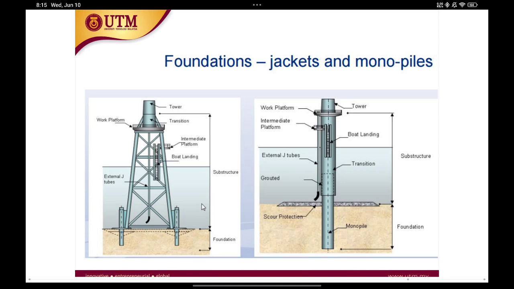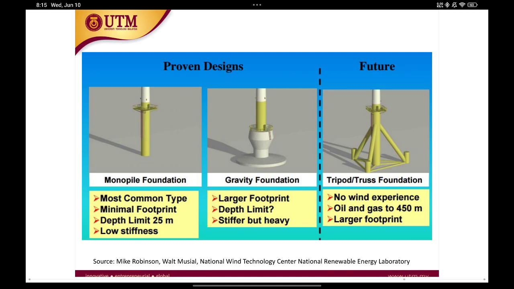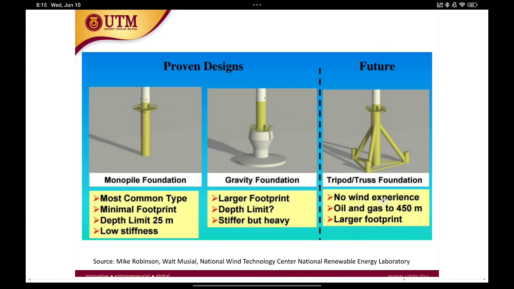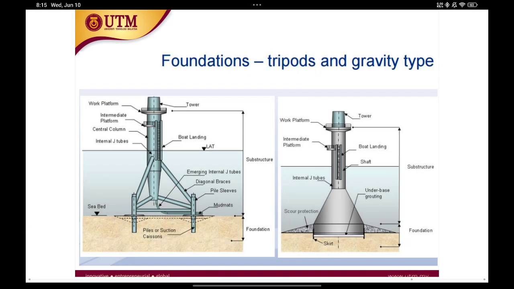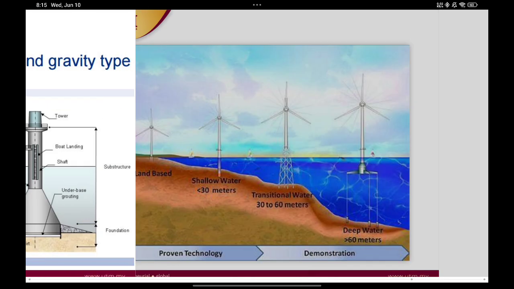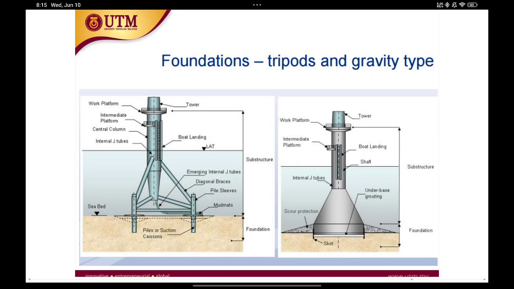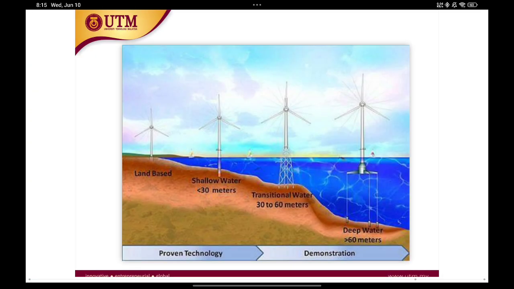So this one is monopile also. This is monopile, gravity foundation, monopile, and the tripod. Okay, so make sure you know how to draw it. Okay, before this the question asked how to draw at least 3 types lah.